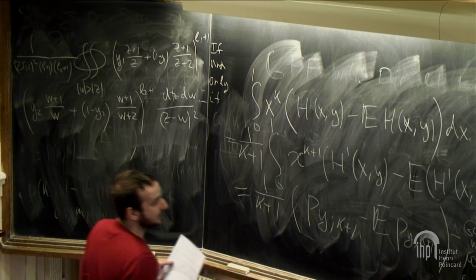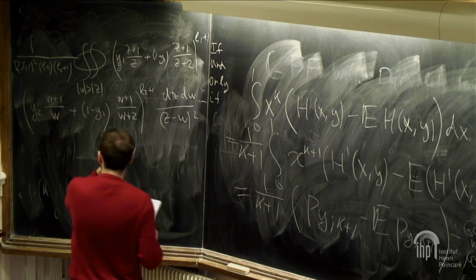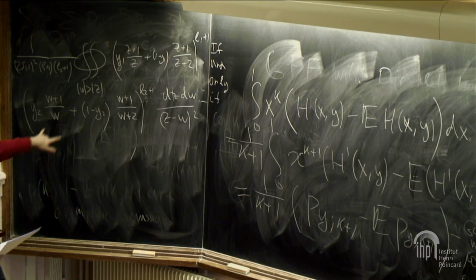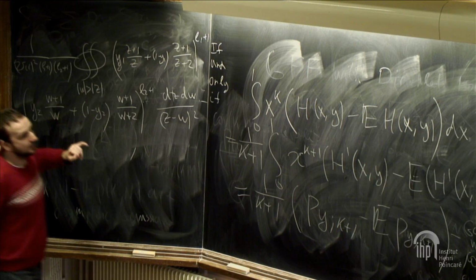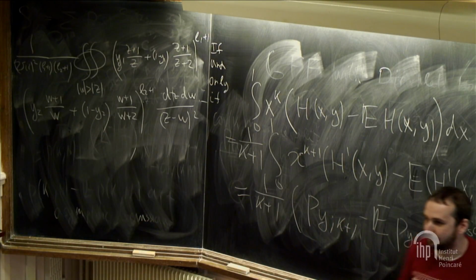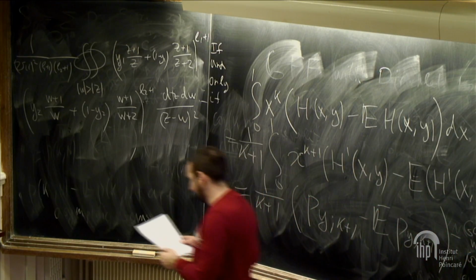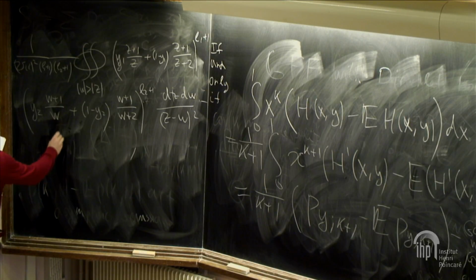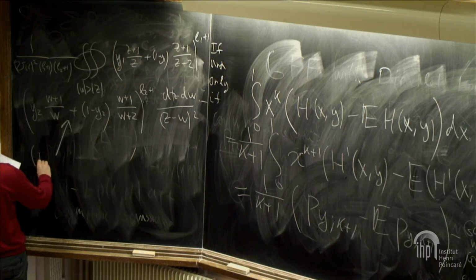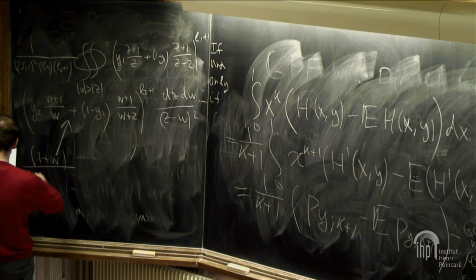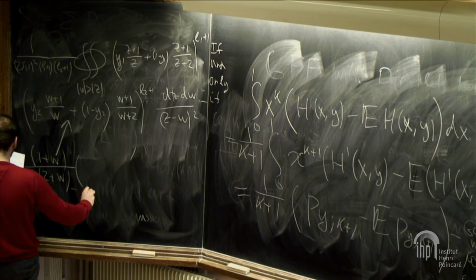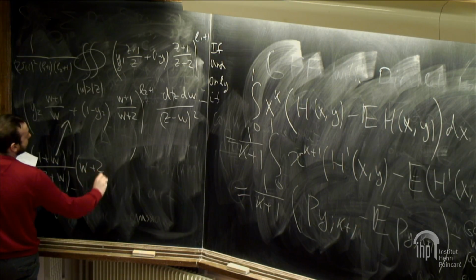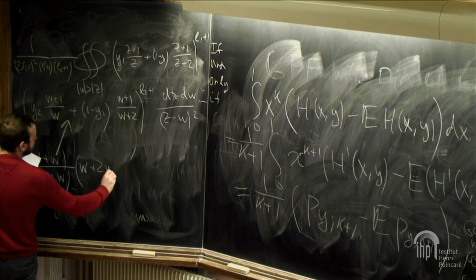Now the main observation to identify the formulas is that this thing is really closely related to this map. That's actually how the map appeared at first. If you just look at this expression and simplify it a little bit, it's the same as (1 plus w) divided by w times (2 plus w), multiplied by (w plus 2 y2).